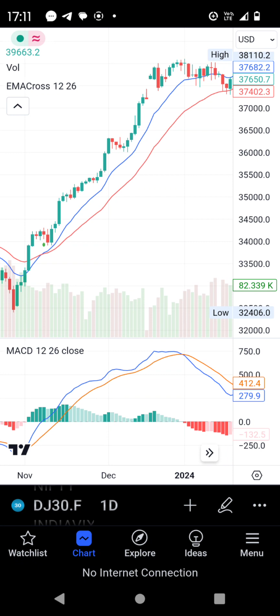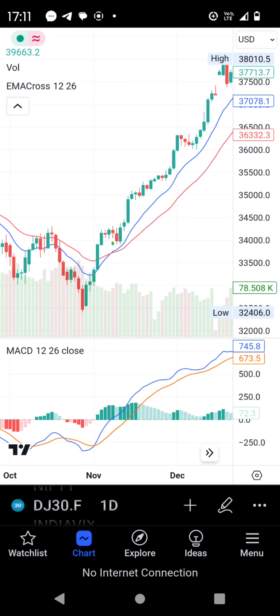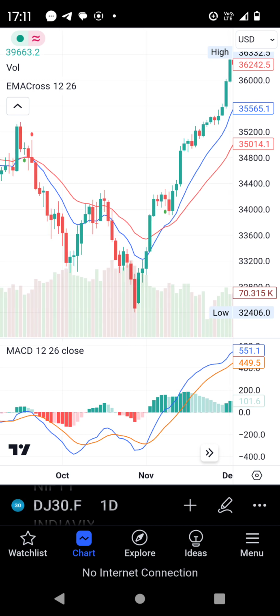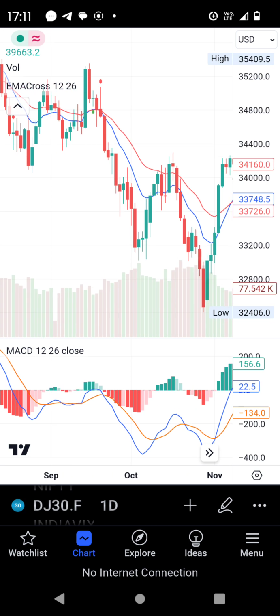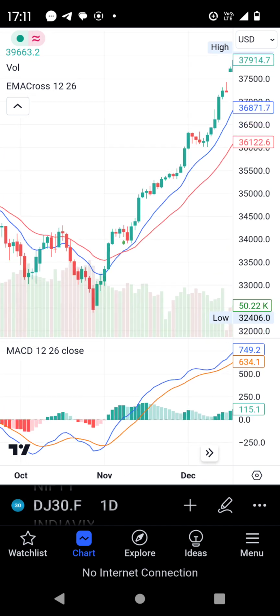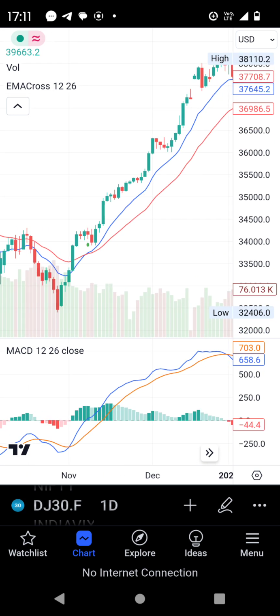If you look at the graph, we are seeing the Dow Jones 30 graph, and the first thing which tells you that trend is up or down is when MACD goes above 0. Now at the edge of the graph you will find that the MACD has just gone above 0. So if it is going above 0, you will find that usually an uptrend is there.